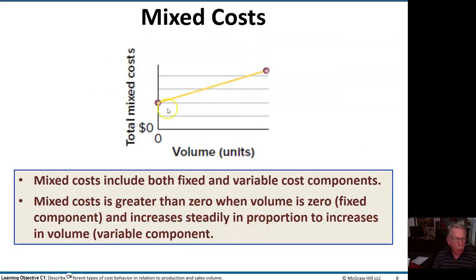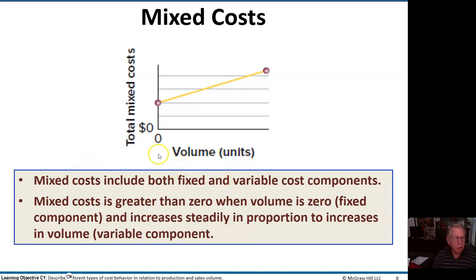So, of course, the world is not perfect, and we have mixed costs, which include both a portion that is fixed and a portion that is variable. And I like to use an example of a telephone line.